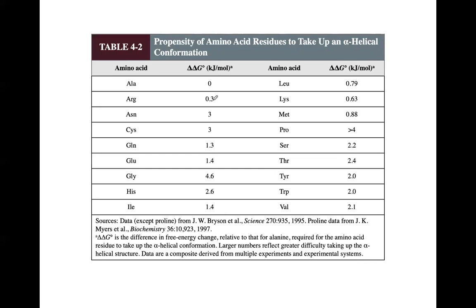So this is the energy which will count against us, the energy that you will raise the alpha helix by replacing alanine with arginine, for example. So replacing alanine with arginine, you go up in energy by 0.3 kilojoules per mole. So asparagine, cysteine, quite a bit, right?